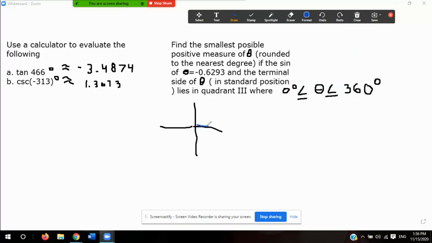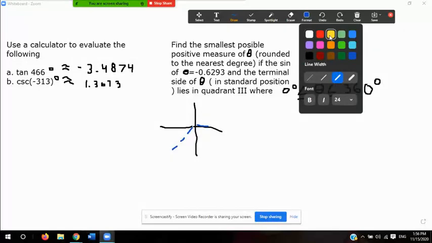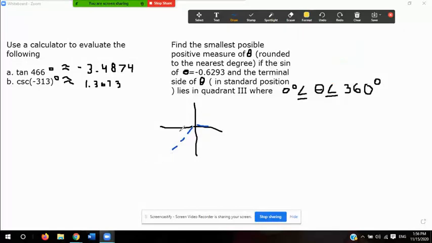I'm going to draw a dotted line somewhere in quadrant 3, and I'm going to use the yellow arrows to indicate that the angle is going to be somewhere in quadrant 3. Where? We don't know yet, but we know that it's in quadrant 3, and we know that the sine of that angle is negative 0.6293.